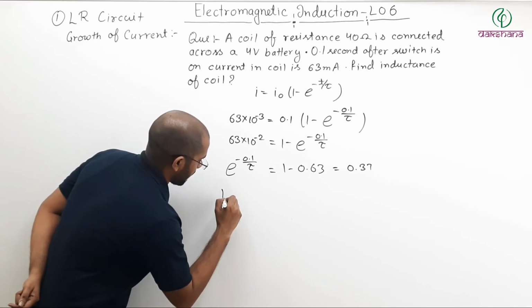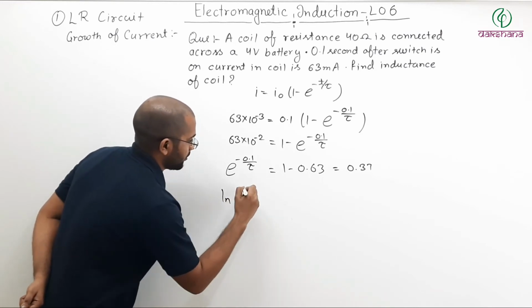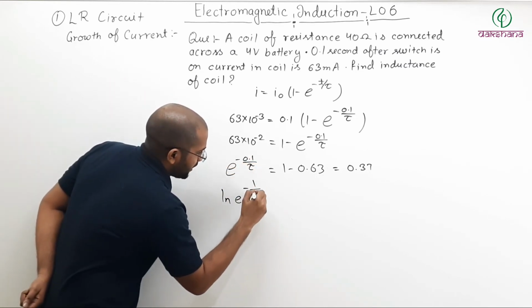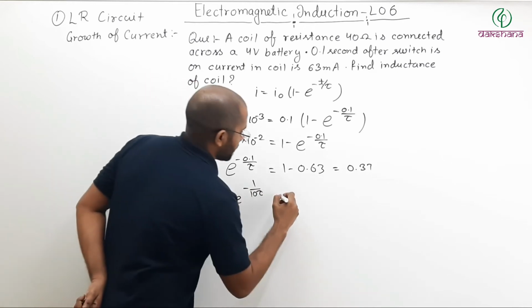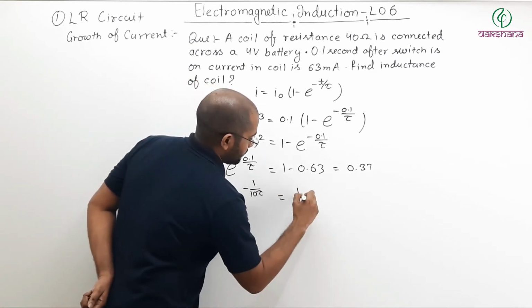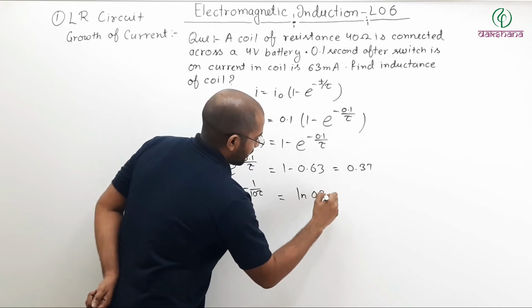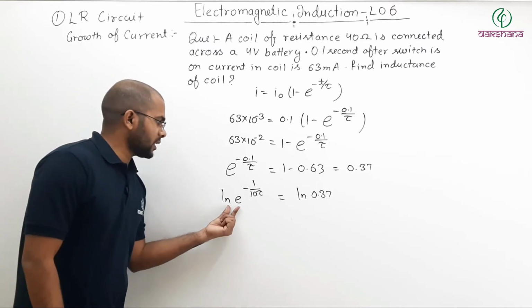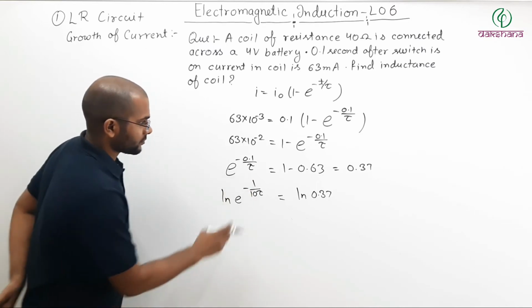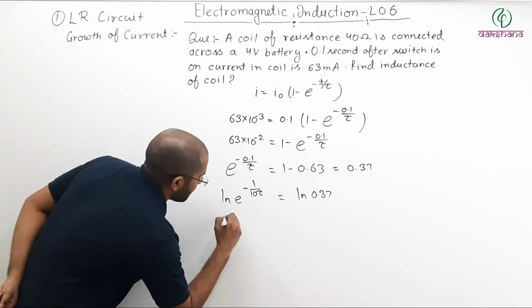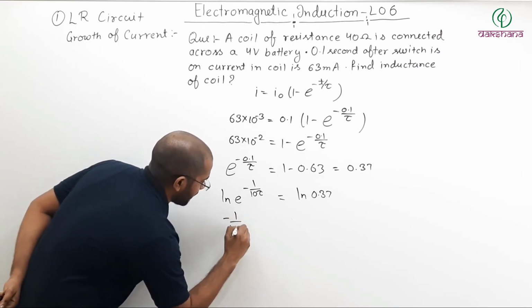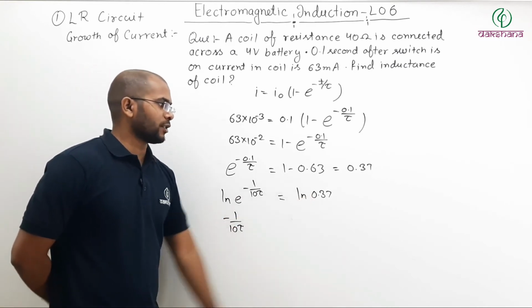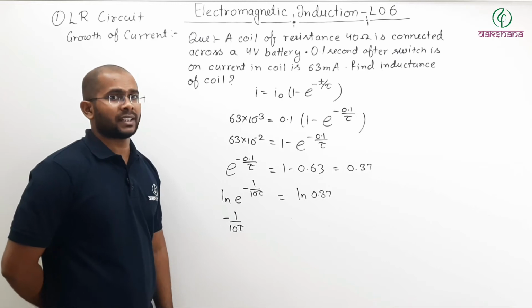So ln of e to the power minus 0.1 by tau gives minus 0.1 by tau, which is equal to ln 0.37. And ln 0.37 is nothing but minus 1.